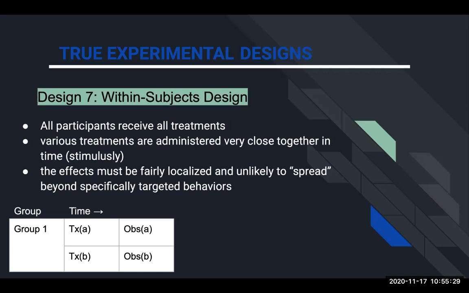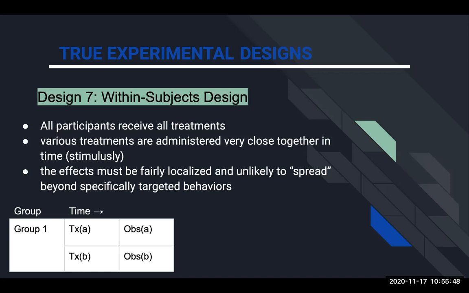In this design, all participants will receive the treatment. Various treatments are administered very closely together, one behind the other, very successively. So everyone's getting the same exact thing. You can't tell the difference. So no one is getting different treatment.